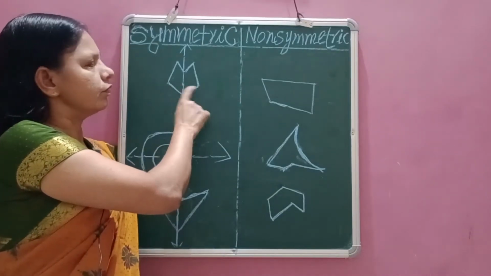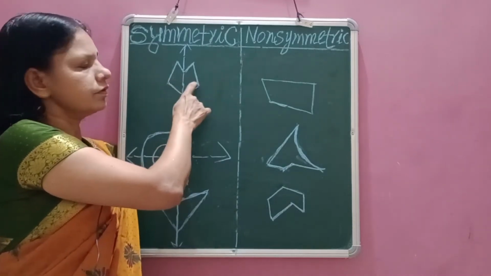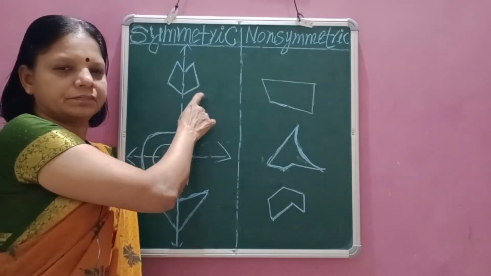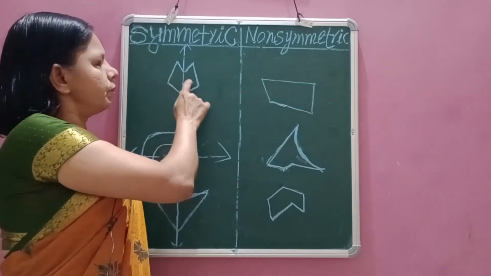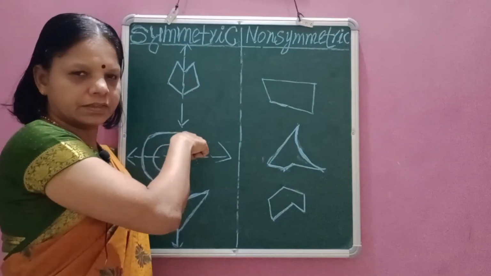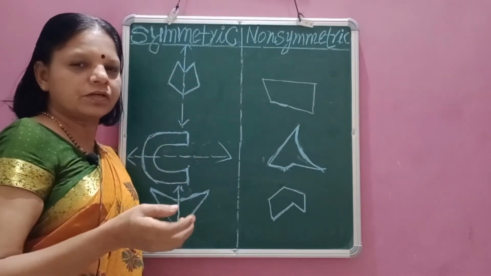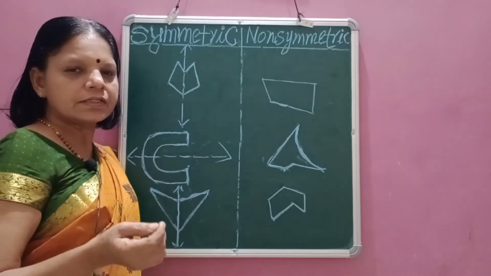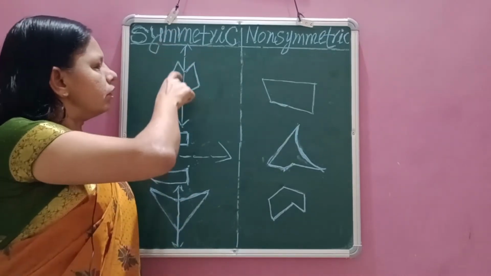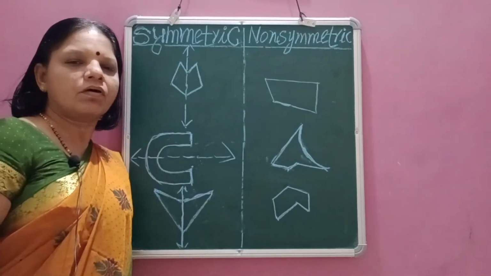What can you observe? It can be seen that both the parts are congruent. Both the parts on either side of this line are congruent. Congruent figures have the same size and shape. Or if you fold along this line, both the parts exactly coincide.